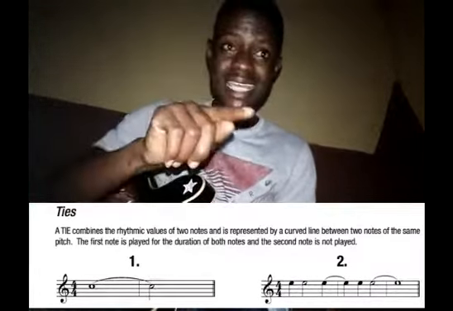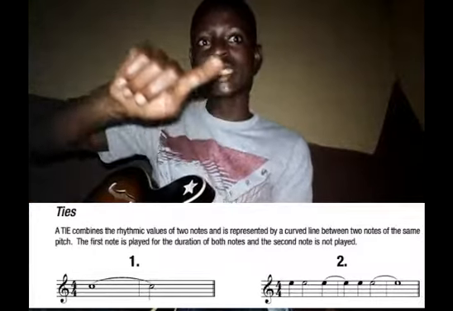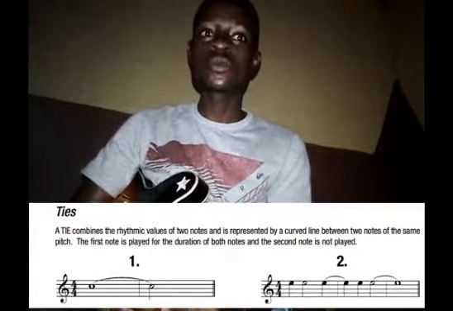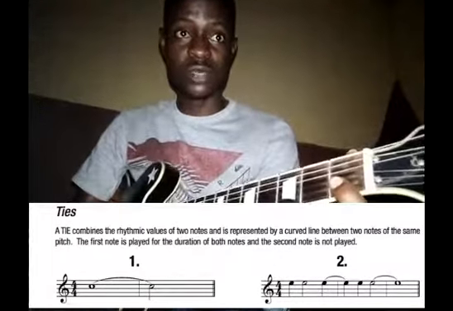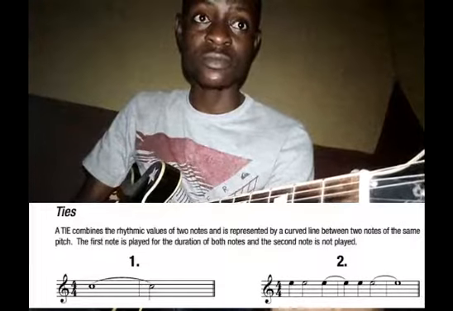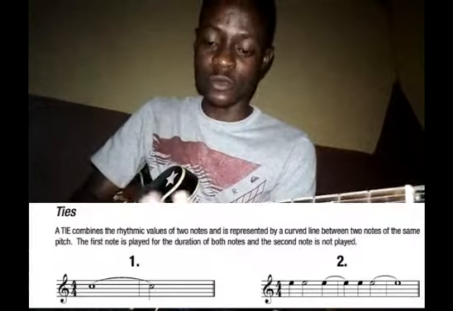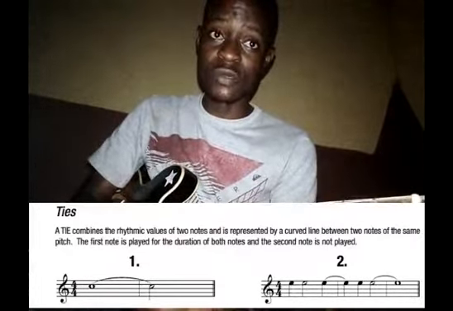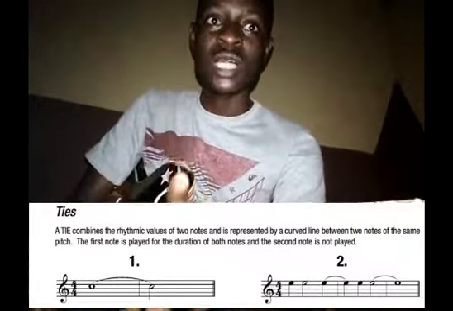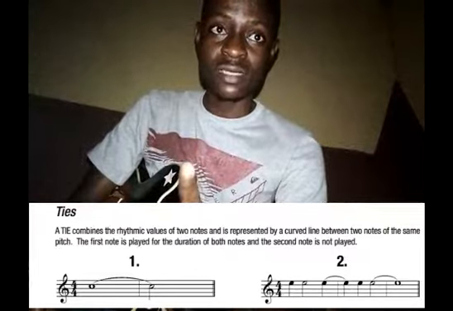Now you see a line above them tying them together. So if you want to play that, it is a C note, because that falls on the third space. We have F on the first space, A on the second space, then C on the third space. I believe you already know that.